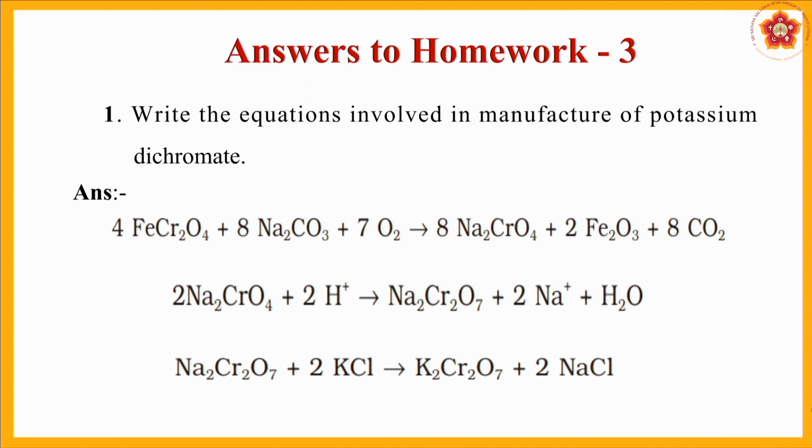The chromite ore is fused with a base like sodium carbonate in the presence of air, giving sodium chromate salt, and on acidification we get sodium dichromate. Because we need potassium dichromate for oxidizing purposes, we react it with KCl and thereby we get potassium dichromate. So, this was the answer for the first question.